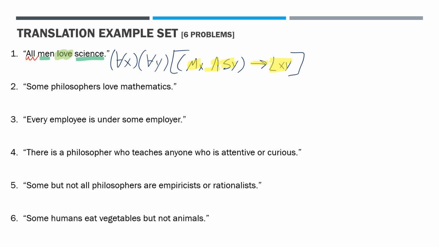Number two, some philosophers love mathematics. Love is a relational predicate. We have two general classes of things, philosophers and mathematics. Hence, there are two quantified variables. We have this some. Hence, we have a particular affirmative proposition. But also, and maybe I should write this explicitly, let's say some philosophers love all of mathematics.